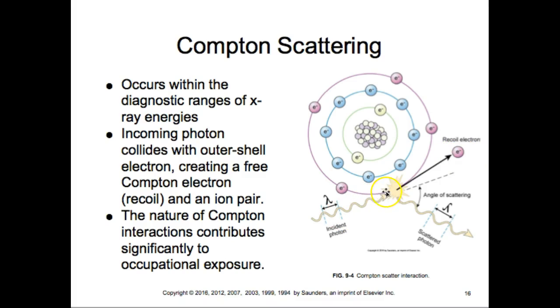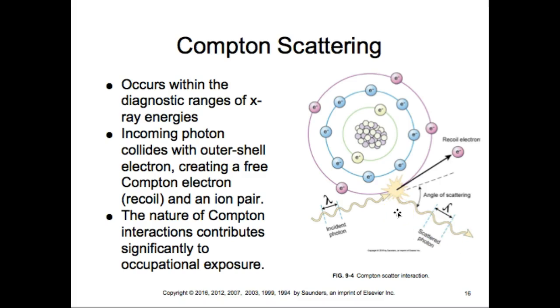Then you have the angle of scatter and a decreased photon energy. If you added the energies of the scatter and the recoil electron together, it'd be the same as the incident. So the incident comes in, knocks it out, you get a recoil electron, and then you have your scatter.